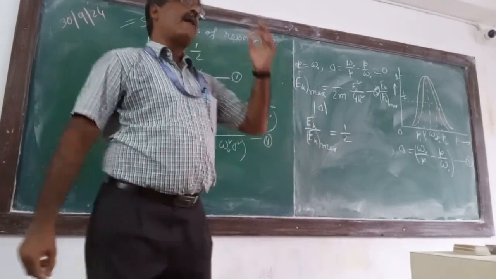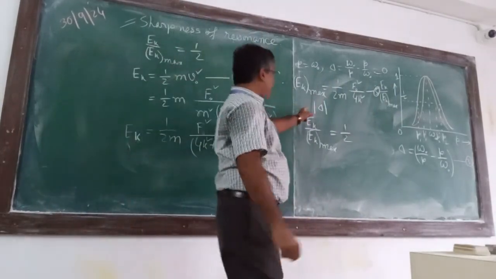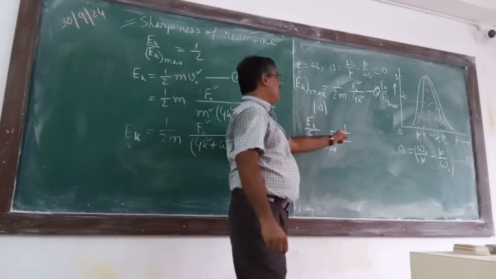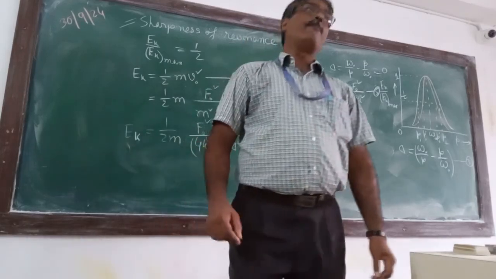Okay? So magnitude of reciprocal of del at which Ek by Ek max equals to half.